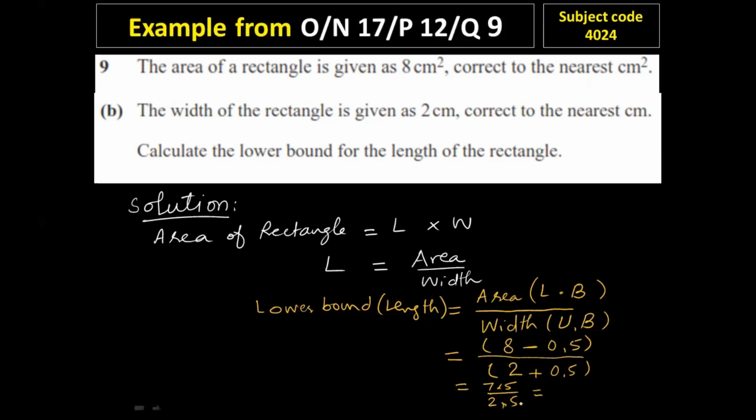It is 75 over 25. 25 times 3 is 75. So 3 is the answer for the lower bound of the length.